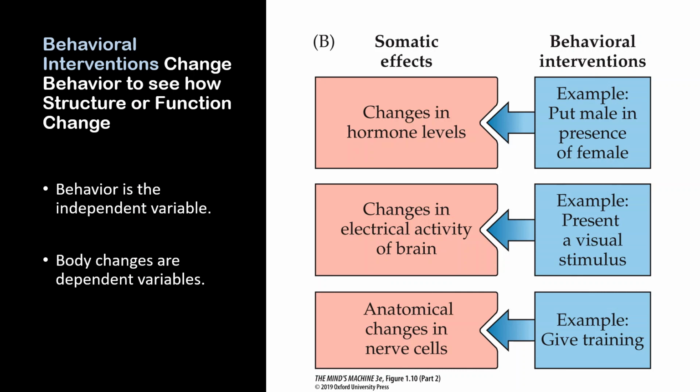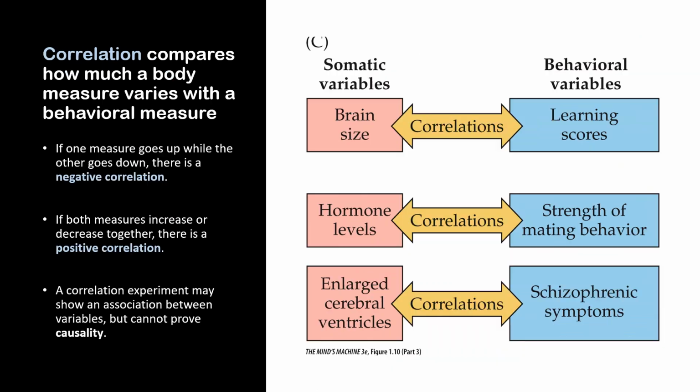In this example, researchers manipulate the behavior, empathy, and measure any resulting changes in hormone levels. In this case, behavior is the independent variable, and the bodily changes are the dependent variable.